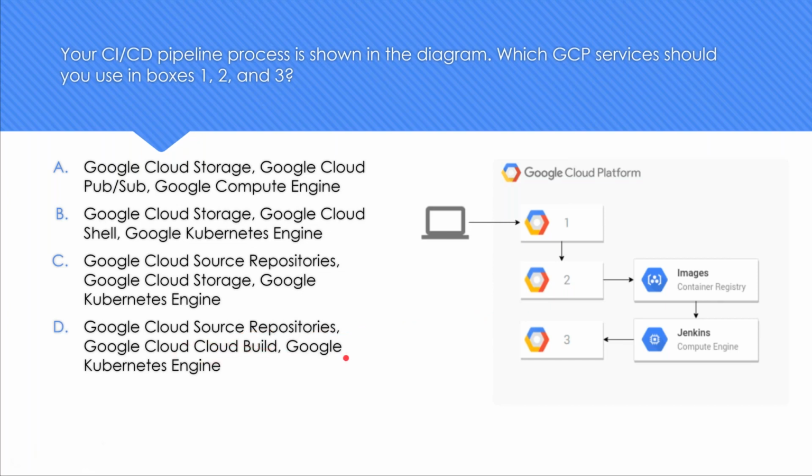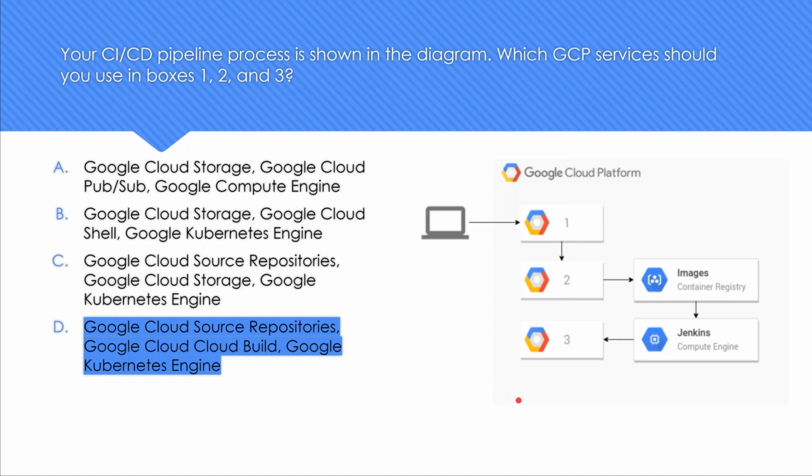All credit goes to the demos which we did, the CI/CD process, with Cloud Source Repository, Cloud Build, GCR, and Kubernetes Engine. We did not use Jenkins, we used Kubernetes Engine. That was the same kind of demo they are asking about in the question. So D is a good choice, as most of you mentioned.